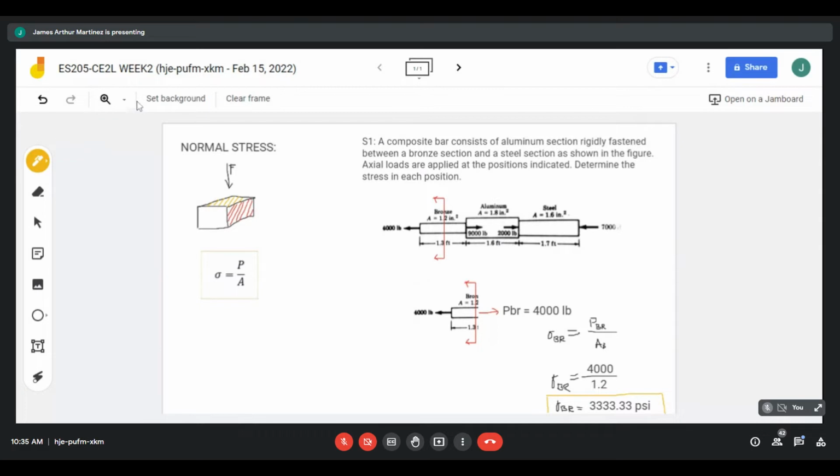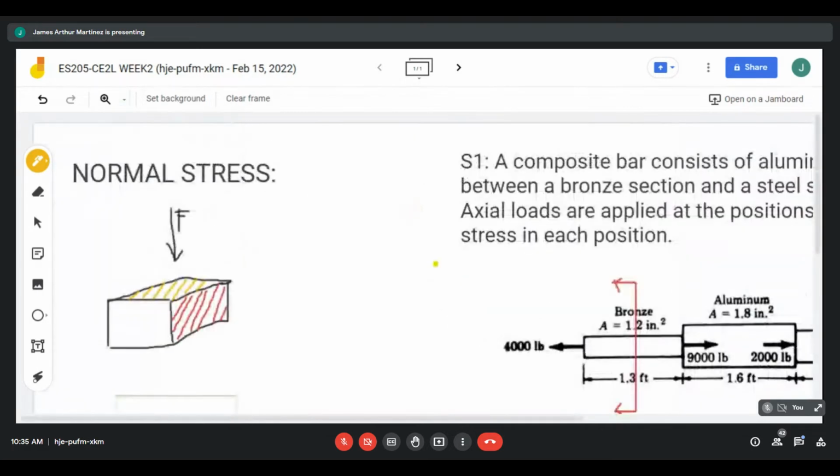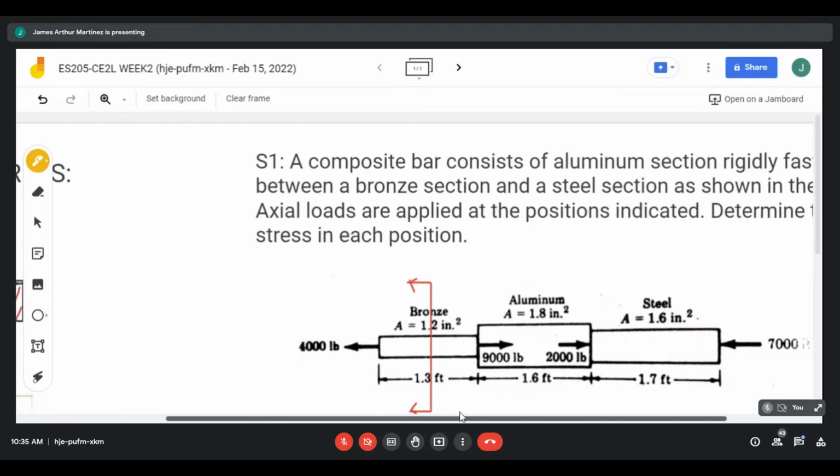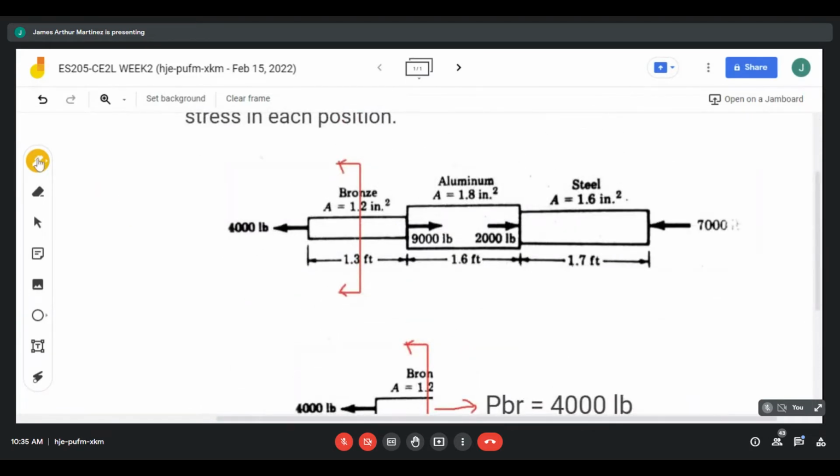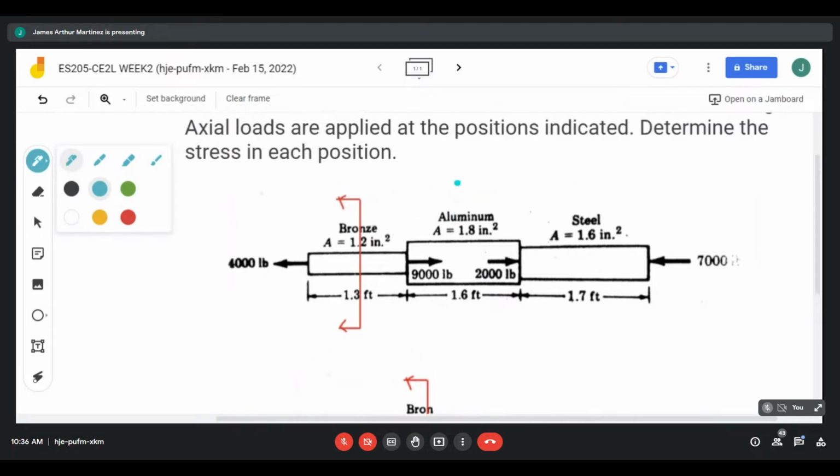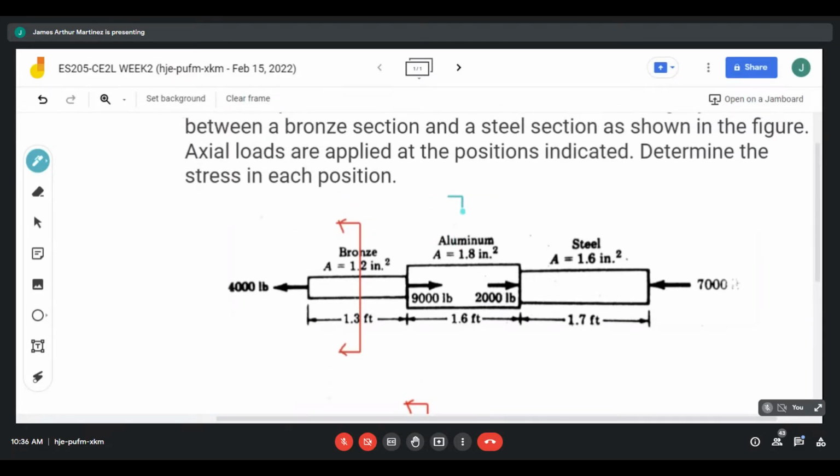Okay. So now let us analyze aluminum. For aluminum, we will cut a plane through the aluminum. Let us consider the left side as our cutting plane.